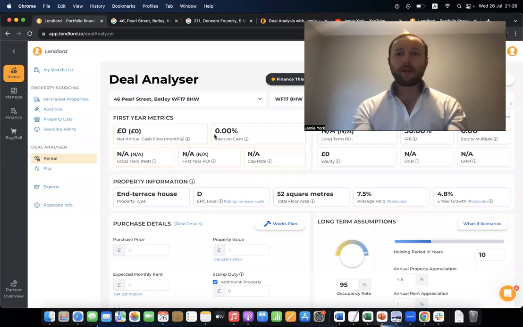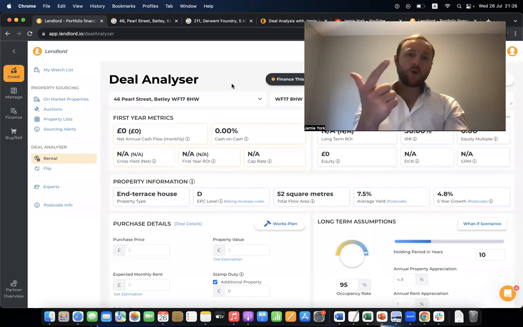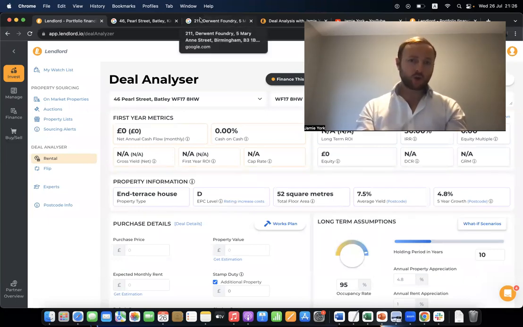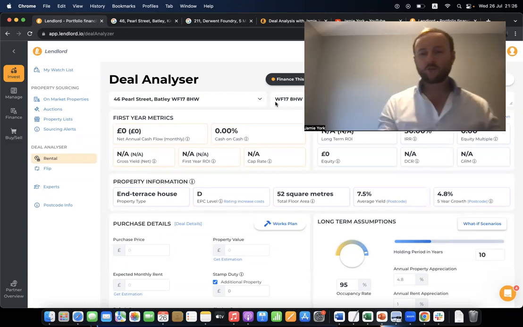But people focus on below market value too much. You have to remember, if somebody's selling below market value, there's either a problem with the property, a problem with the person's situation, or a problem with the location. If you are finding a solid property in a good capital growth area, you're not going to get that. I just thought it was worth saying that.